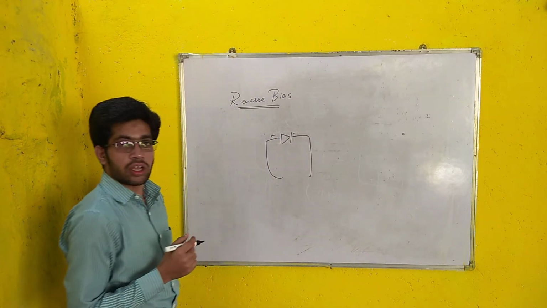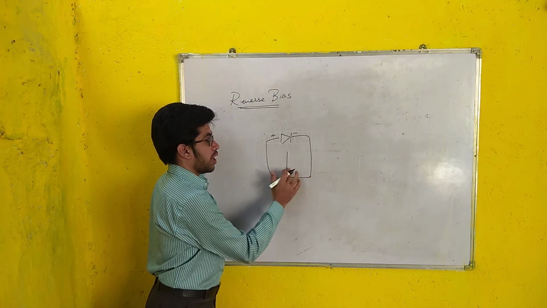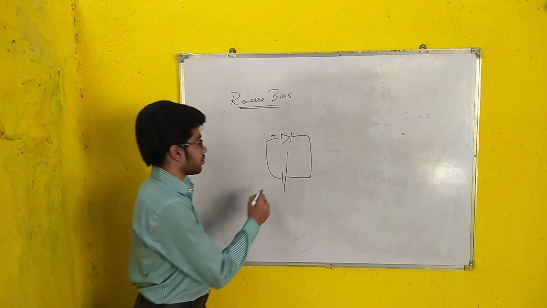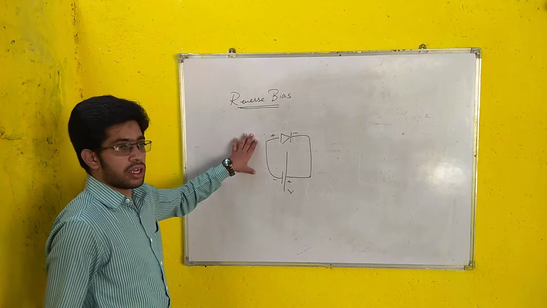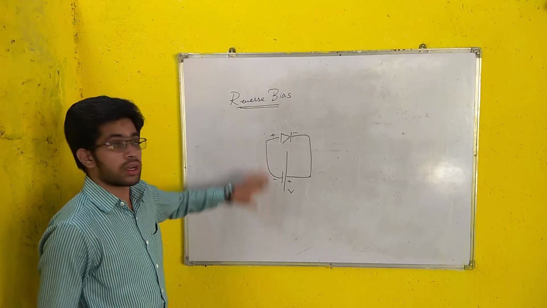When the positive of the diode is connected to the negative of the battery and the positive of the battery is connected to the negative of the diode, it is called reverse bias. In this condition, the majority carriers will not work, but minority carriers will work.